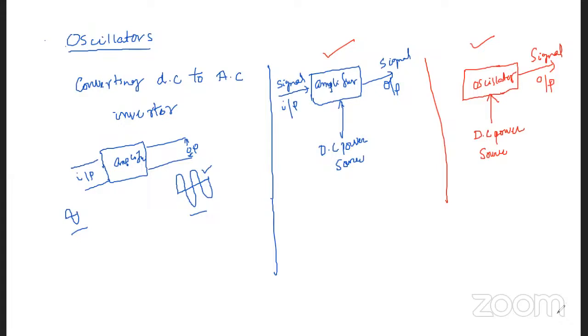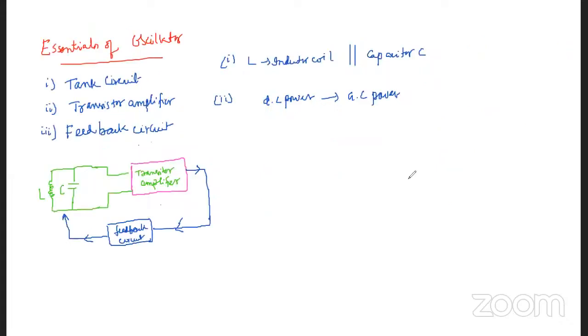So the amplifier takes the DC power and converts it into AC power, and supplies it to the tank circuit to meet the losses. This is the function of the transistor amplifier.